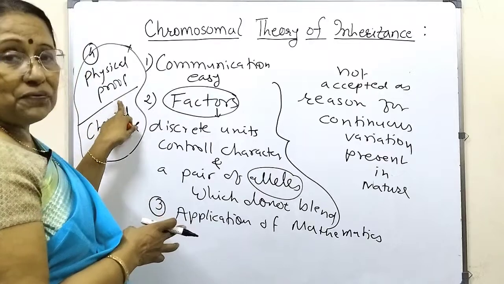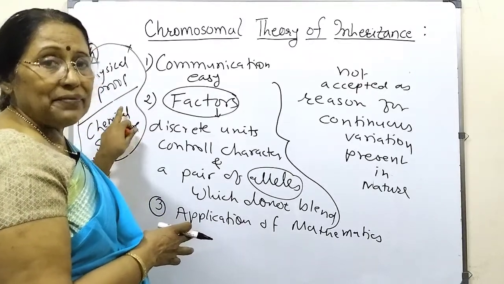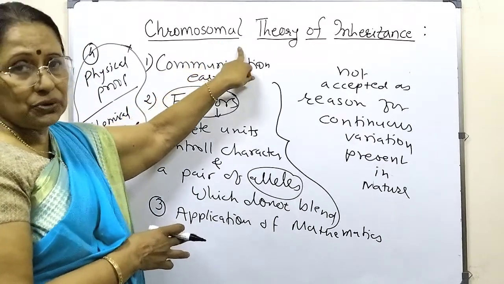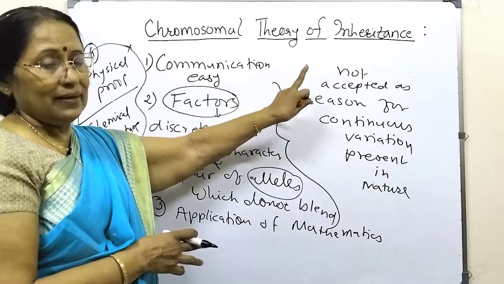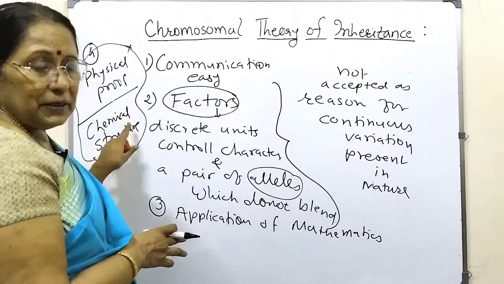तो ये जो प्रूफ वो नहीं दे पाया कि ये क्रोमोसोम है जिसमें मेरे ये फैक्टर्स हैं, ये जब पता चला, this is chromosomal theory of inheritance. That simple. Relate it to this fourth point.